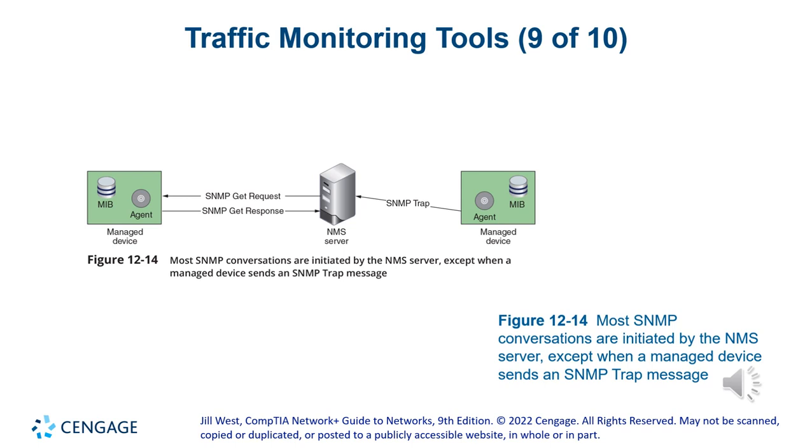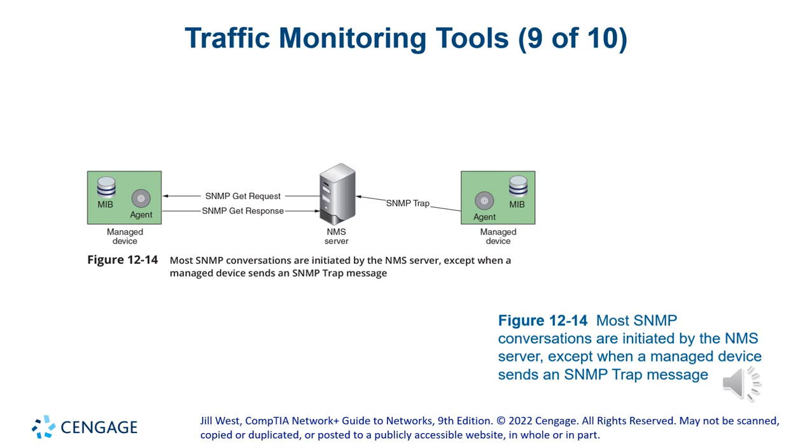So those UPSs, the battery backups, can send an alert and say, hey, I lost input power. Hey, I'm on battery. Some of the UPSs that we have are from APC, American Power Conversion, and they will report, I'm on battery and I have 35 minutes left with this current load. And then every 5 minutes they'll come back and say, hey, I'm still on battery and I have 20 minutes left.